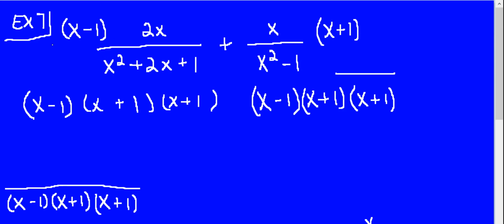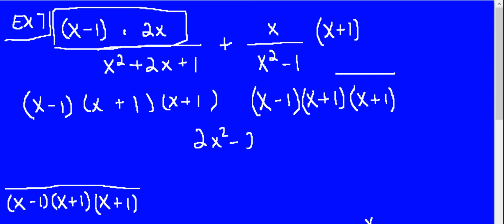Okay, so I'm multiplying these two terms here, and that's going to give me, I'll do it over here, 2x squared minus 2x. Alright, that's 2x times x is 2x squared. 2x times negative 1 is negative 2x.